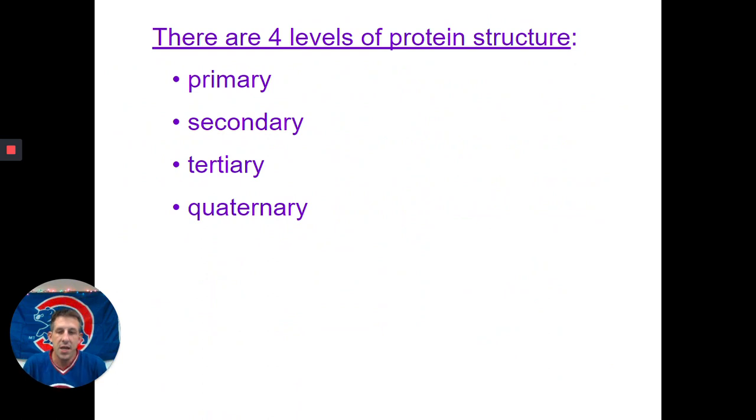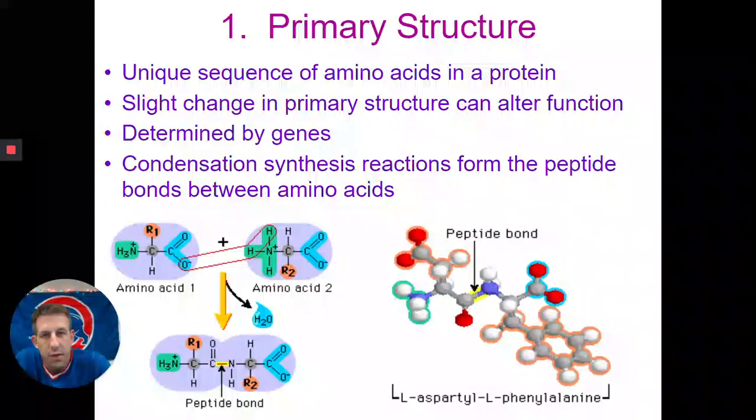So if we look at the diagram on the left here, it shows 2 amino acids that we want to try to link together. Amino acid 1 has an O or an OH. Amino acid 2 has some H's here from the amine. These 2 things are going to combine to form water. The water leaves, right?